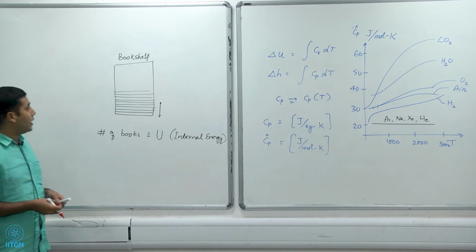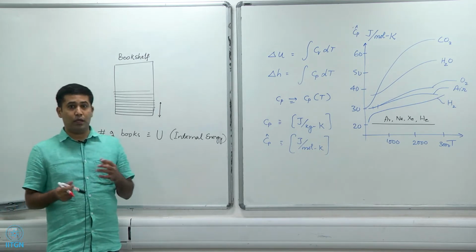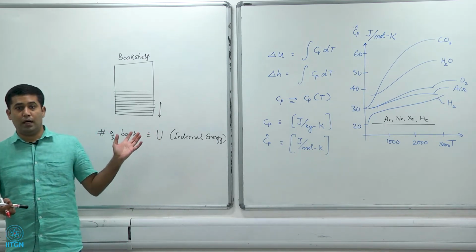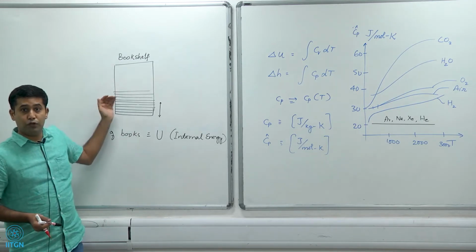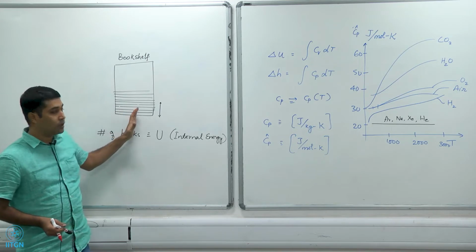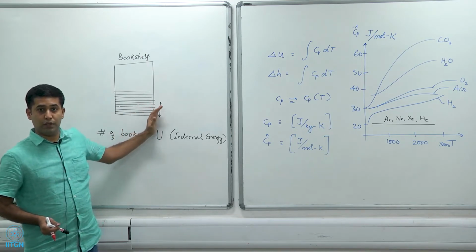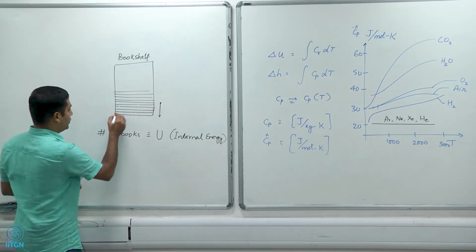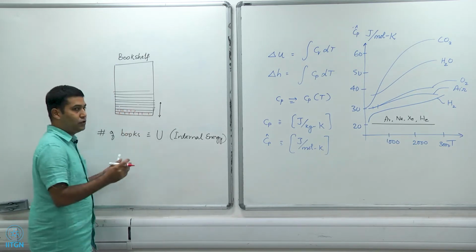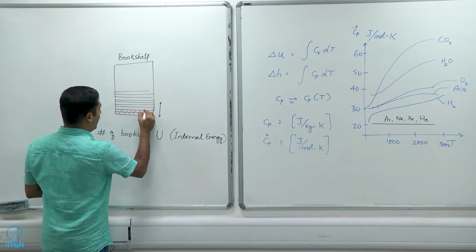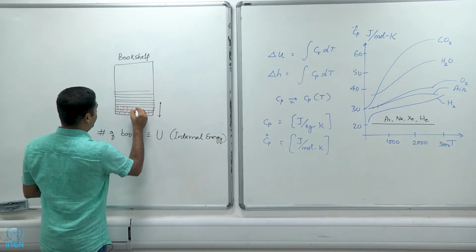Now imagine that you're given books to put on this bookshelf, and obviously since you're not very tall compared to the bookshelf, where would you put these books? You'd start putting them at the lowest shelves, isn't it? Once these lowest shelves are occupied, you would start putting them at the next higher shelf and so on, right?